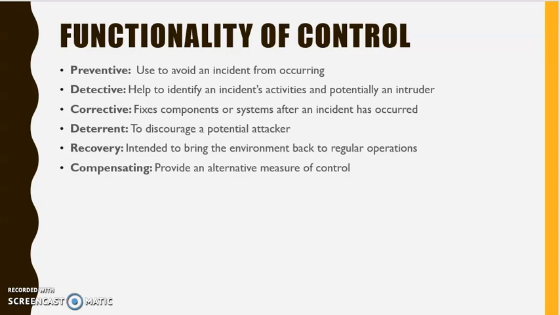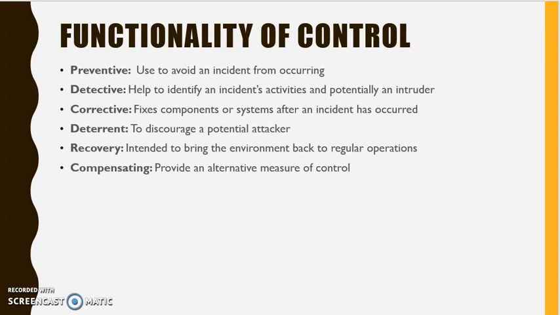Let's suppose they find some file or important document is missing, but they don't know who has taken that. So they have put a camera there as a detective control, so they can go through the recording and see if the visitor has stolen any document or not. This is a detective control.